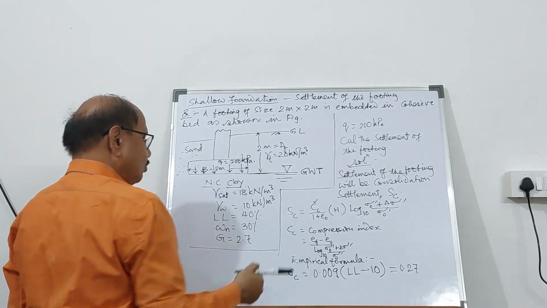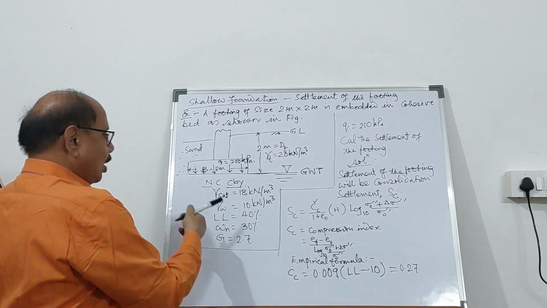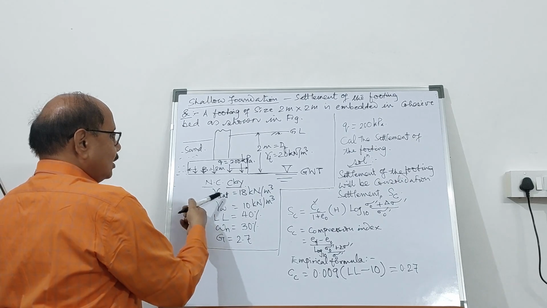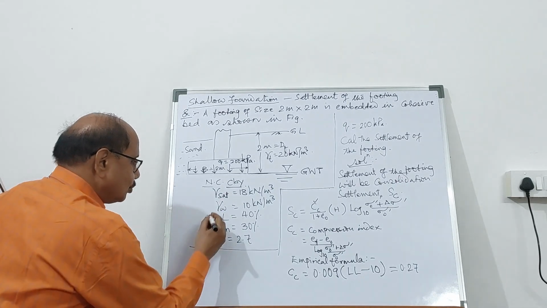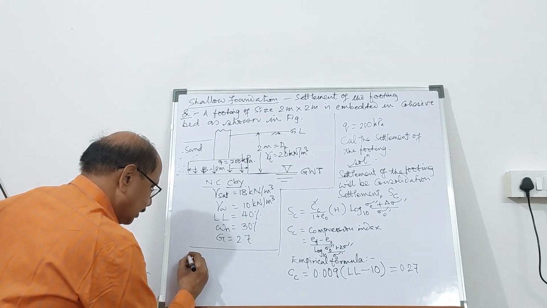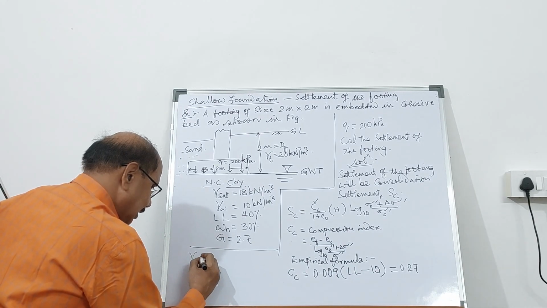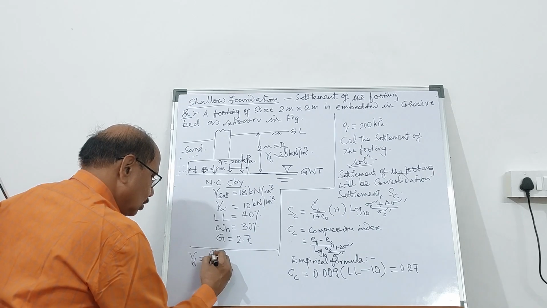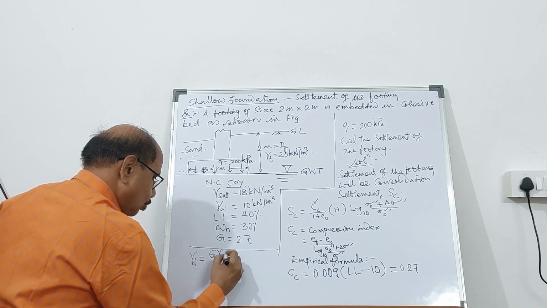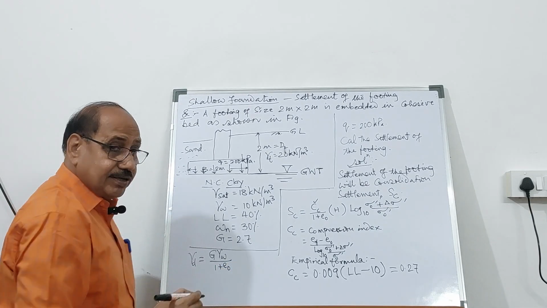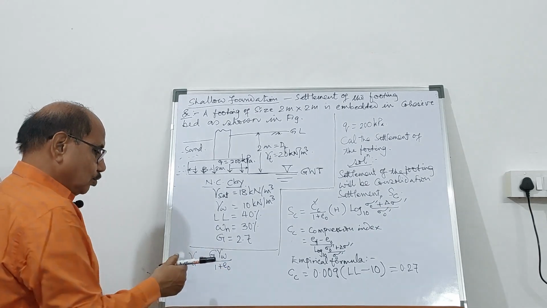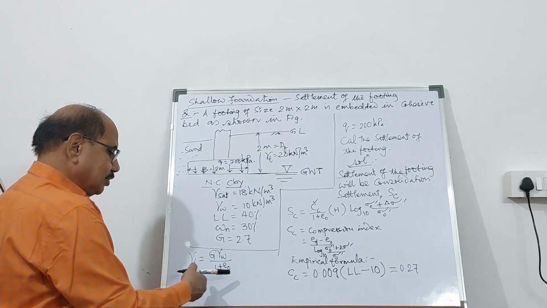Now how to find out e naught? Because here gamma saturated is known to you, you can find out the dry unit weight, gamma D. And gamma D equals G gamma W upon 1 plus e naught. From the three-phase system, you know the interrelationship.